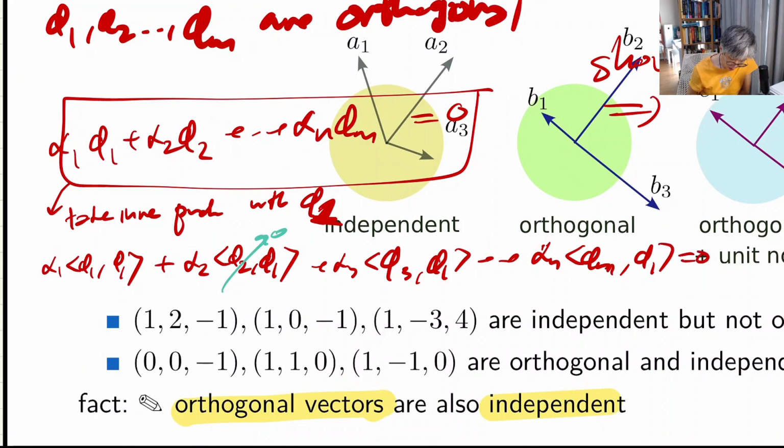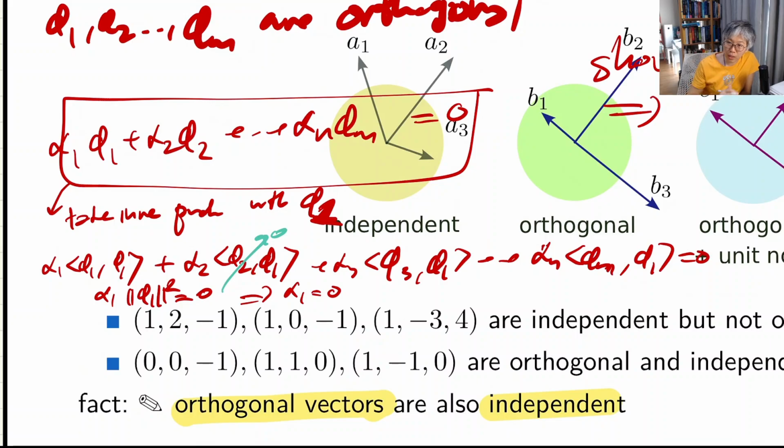Because I take the inner product with phi 1, but the inner product of phi 1 with the other phis would be 0 because they are orthogonal. So from the first equation, I have alpha 1 times the norm of phi 1 squared equals 0. But my phi is not a 0 vector, so I must have alpha 1 equal to 0 instead.